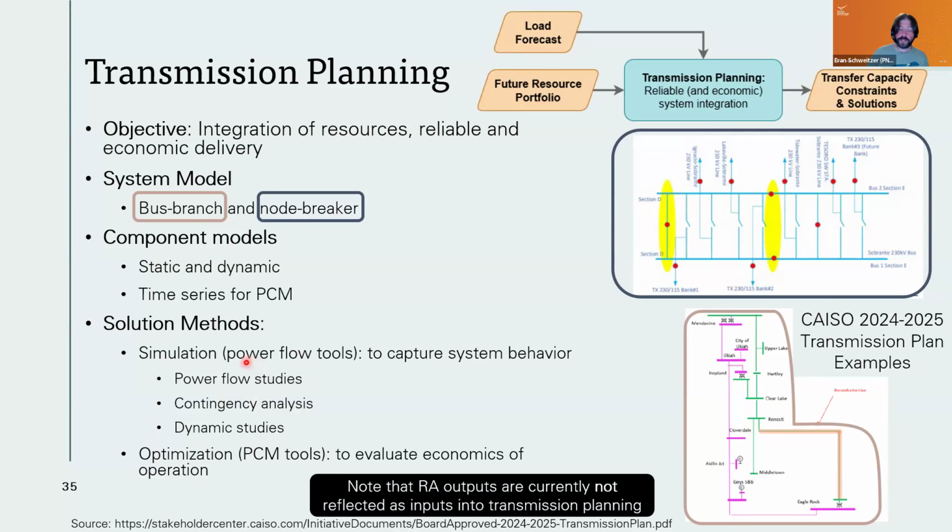The workhorse, as I mentioned earlier, are power flow tools, and they're attempting to capture system behavior. So these are your power flow studies, contingency studies, dynamic studies. And again, we have some optimization to evaluate economic benefits. One key thing to note is that currently RA outputs, so those reserve margins and the capacity credits, are not really reflected as inputs into the transmission planning process.